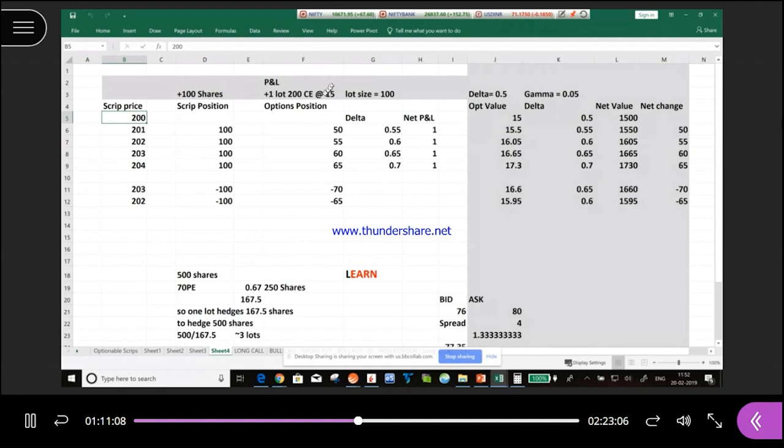At the same time, someone else bought a 200 call option at rupees 15, and the lot size is also 100 shares. Is the problem statement clear?